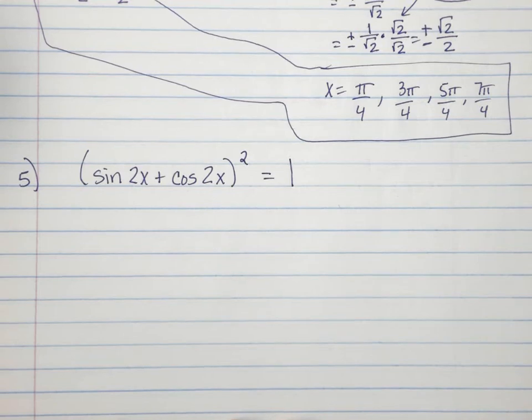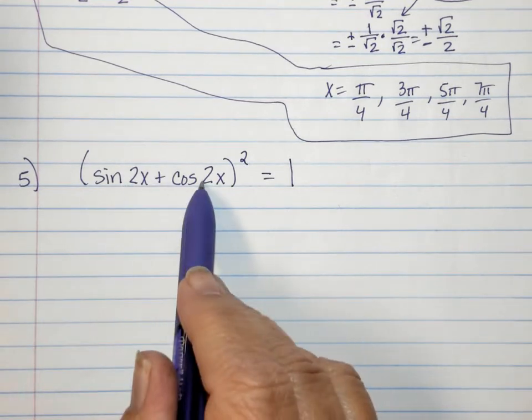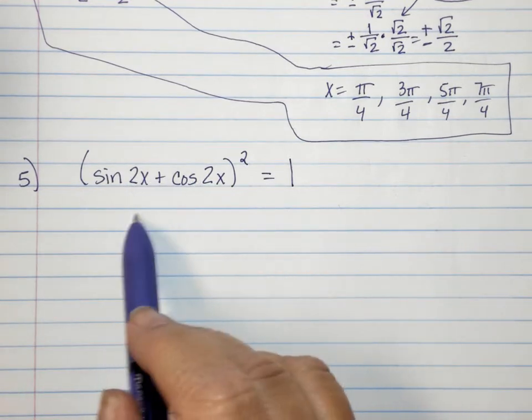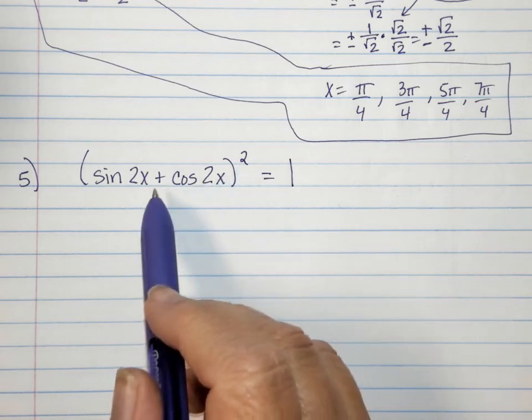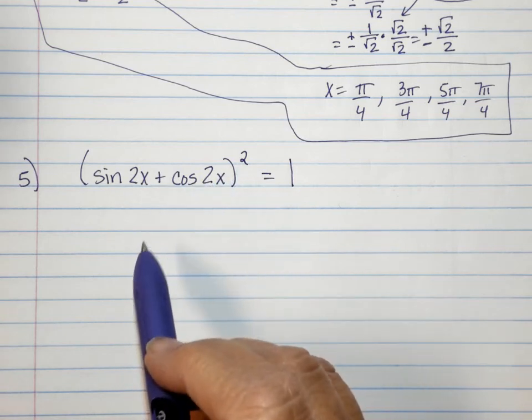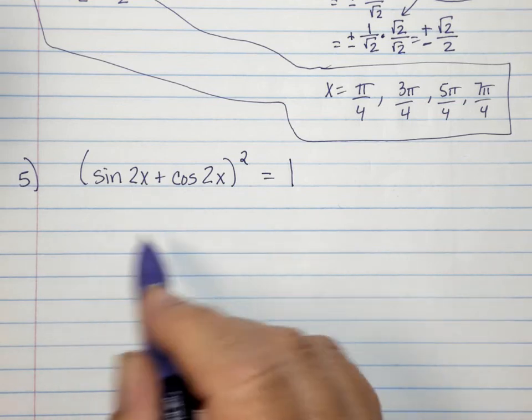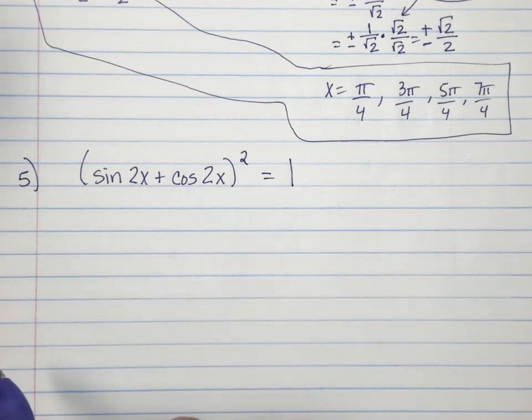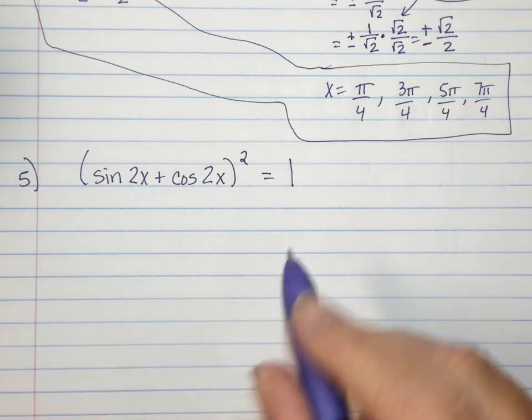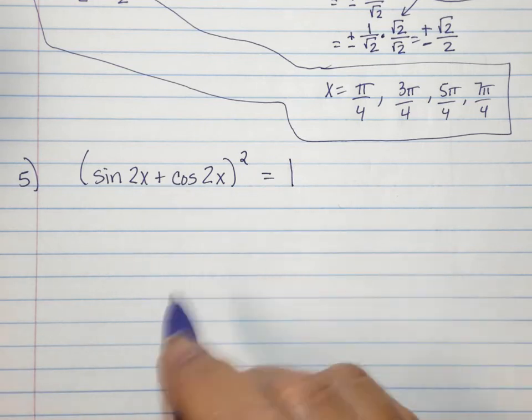Now, your first thought might be to do some substitutions here and then simplify before you square. And that is one route that you could take. That actually gets a little messy. You've got a lot of things once you start squaring. So I'm going to suggest that we do the squaring first.